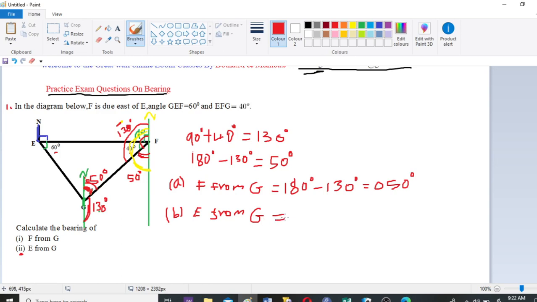Now E from G, let's do this. So look at where your E is. There. Your E is here. E from G. So remember, you still have your G. Let me use this color. Your G is still the same one, this one. I'm using blue this time.